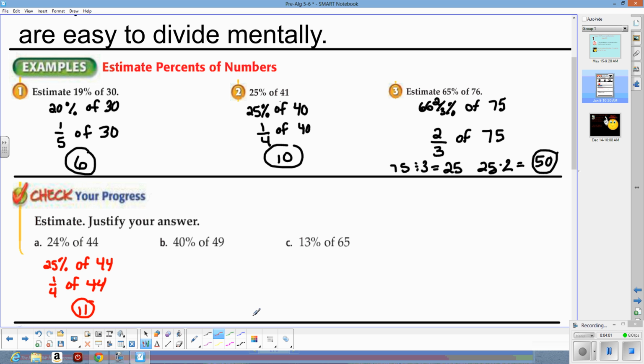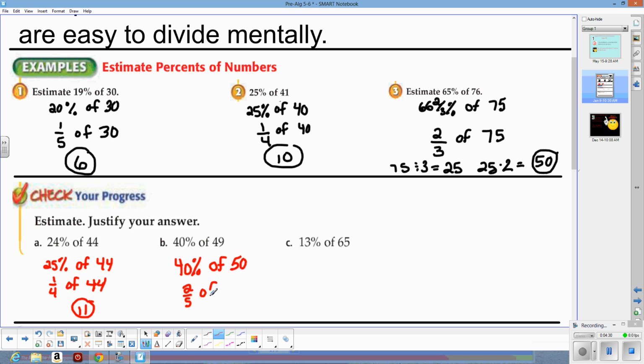Now for 40% of 49, I would leave the 40% as it is, but I would change the 49 to 50, because 40% of 50 is pretty easy to figure out. 40% means 40 out of 100. 40 out of 100 simplifies to being 2/5.